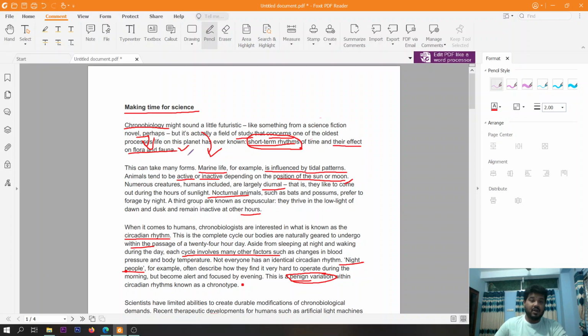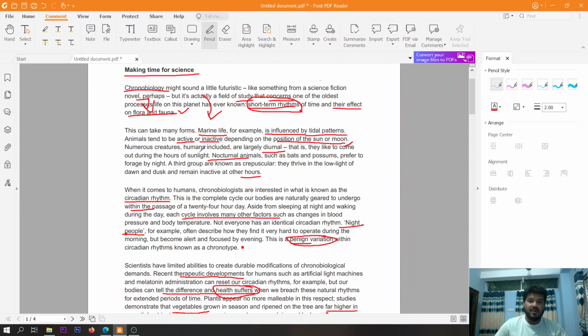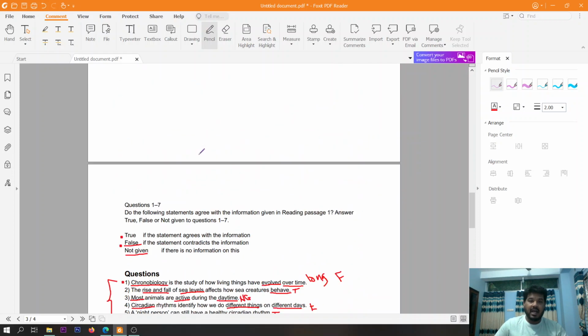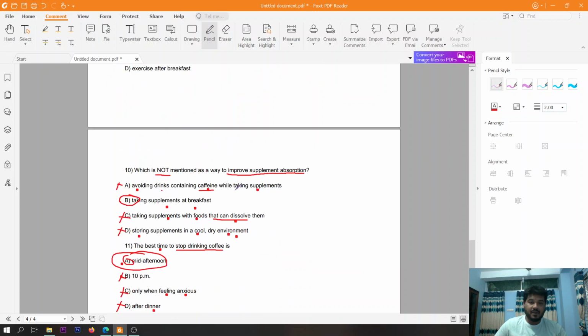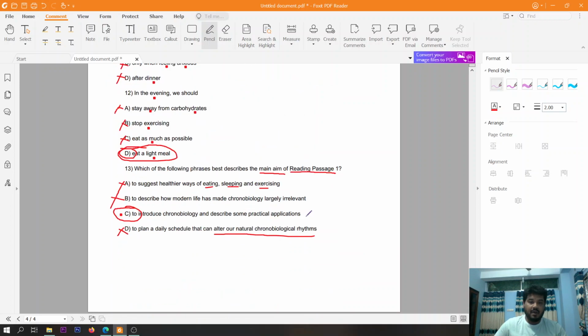It doesn't really talk about how it can be used to change daily or modern lifestyle. It just gives us a basic idea of how it can be used in practical life. So basically that's what it does. So that is the purpose or the main aim of this particular passage.